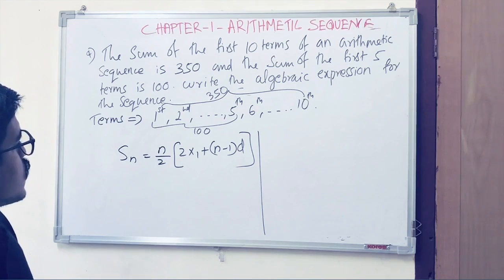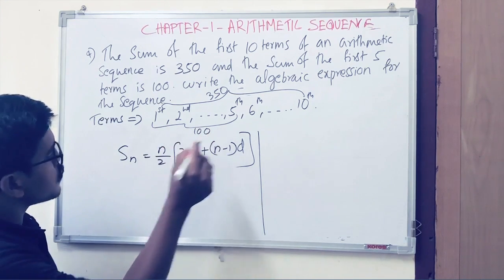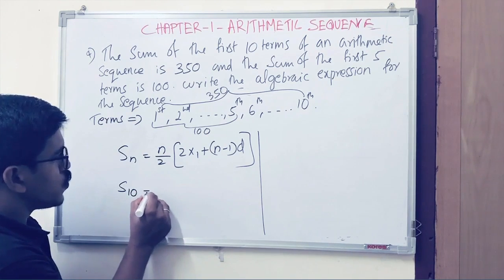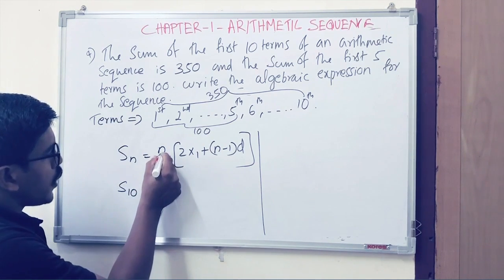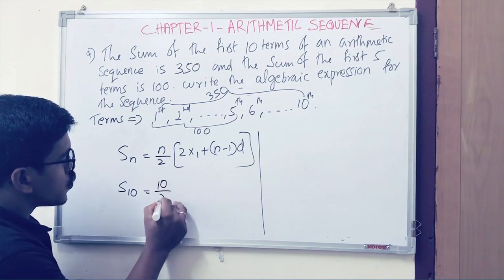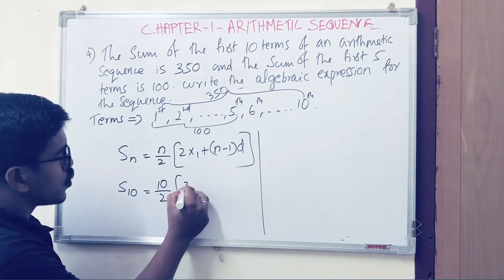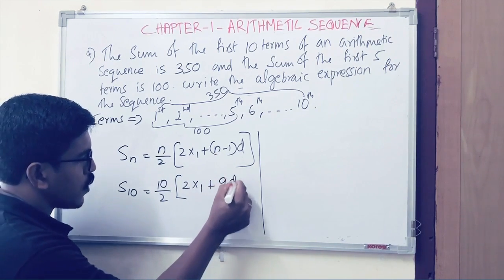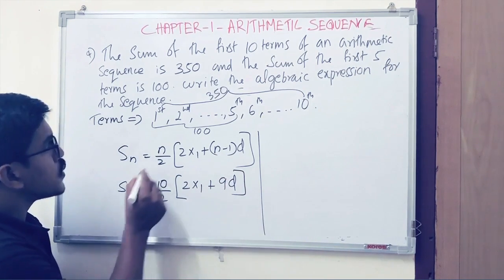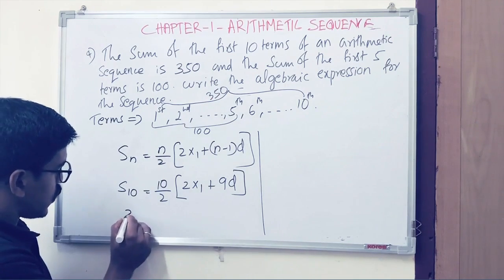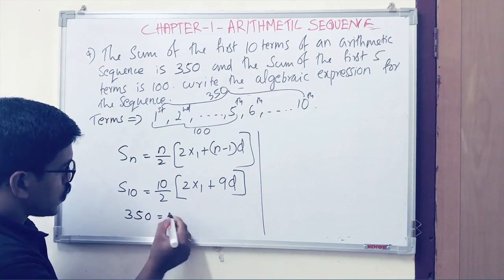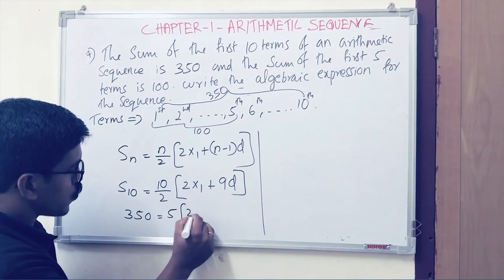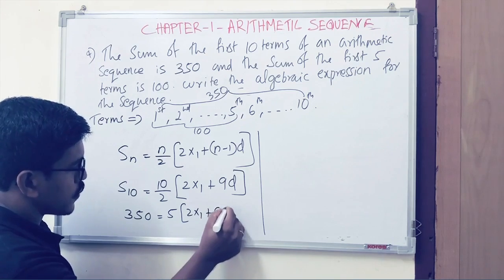The sum of the first 10 terms is given, that is S10 is equal to n by 2, that is 10 by 2 into 2x1 plus 10 minus 1, 9, 90 will come, right? S10 is given already, that is 350 is equal to 10 by 2, 5 will come, into 2x1 plus 90. Okay.